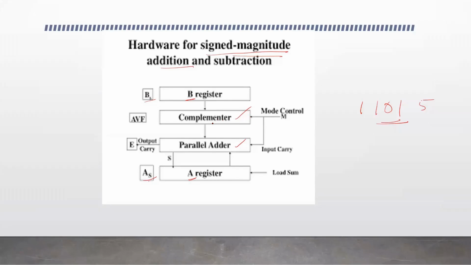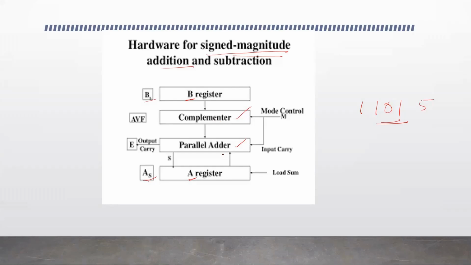If the operation is addition, we don't need this complementer. Directly A and B can be added. If it is subtraction, we need a complementer because B is the subtrahend. A minus B, B has to be complemented, so we need a complementer circuit.